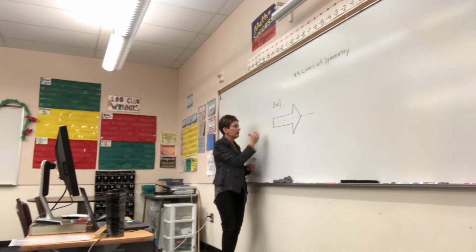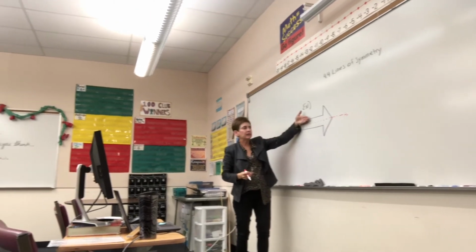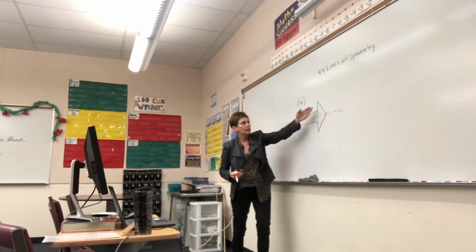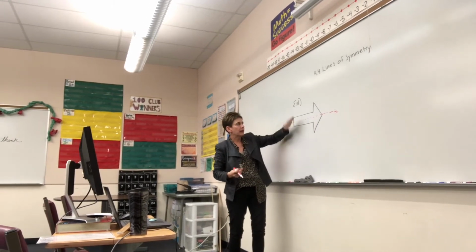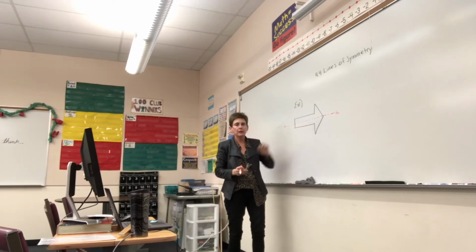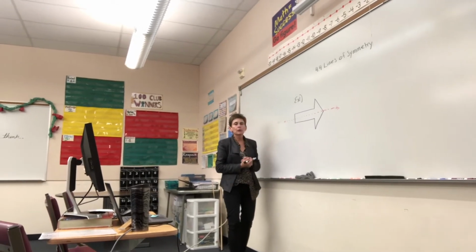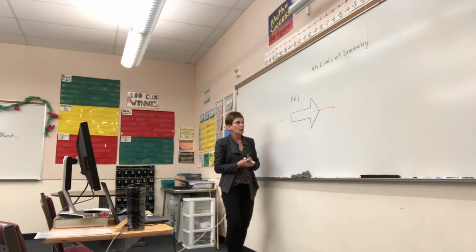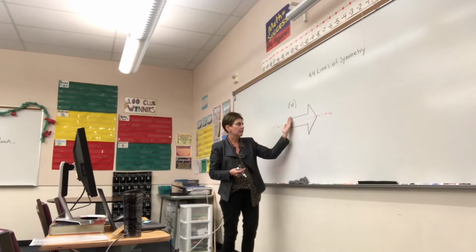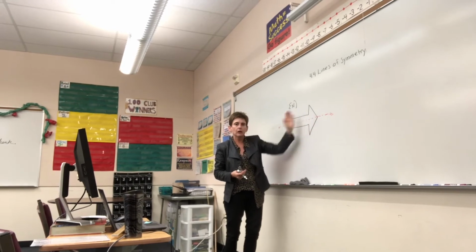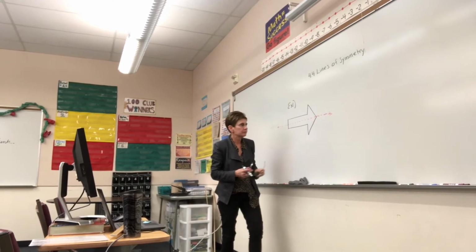If this arrow was on a piece of paper and I folded the paper over, this part of the head of the arrow would match up with this part, and this part of the band of the arrow would match up with that part right there. So that would be an example of a figure with one line of symmetry. We can't have a vertical line of symmetry here because if we folded this part of the arrow up, we would not have a mirror image on the left and the right.